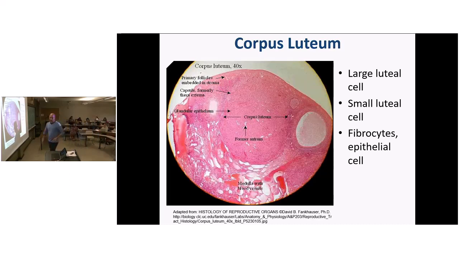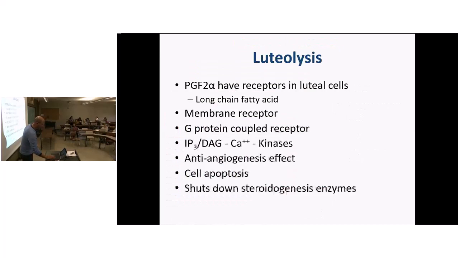Yeah? So small and large luteal cells do have these prostaglandin receptors, which are membrane receptors for a long-chain fatty acid. Forget about this portion here for a second. Basically what happens is you promote apoptosis, you block angiogenesis, so you block circulation, and you shut down the steroidogenic enzymes.